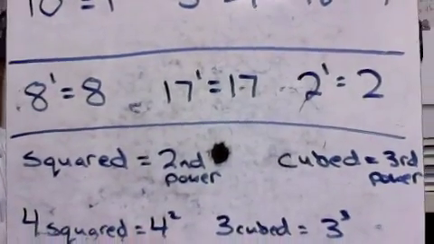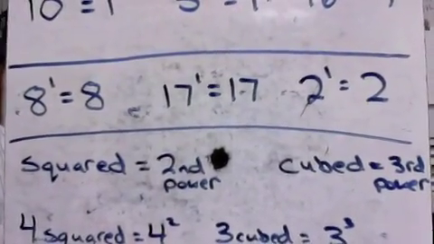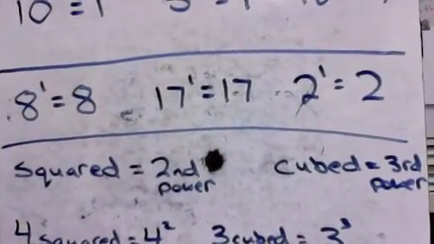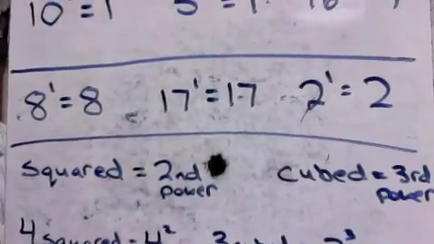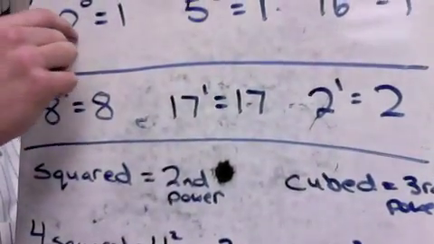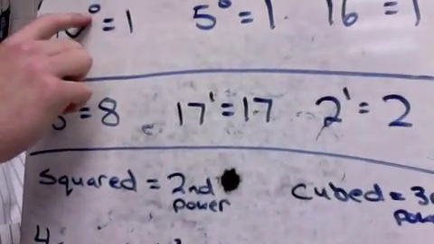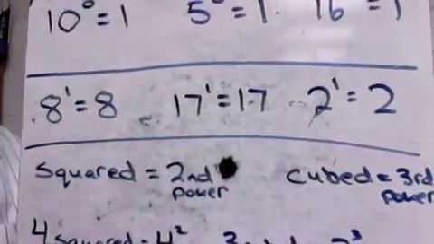Before we start with a couple of practice problems to finish up, I want to give you some special circumstances. Okay? These would be great ones to take some notes on or copy down or put in your own words. This top part is I have a whole bunch of examples of base numbers to the 0 power. 10 to the 0 power, 5 to the 0 power, 16 to the 0 power.